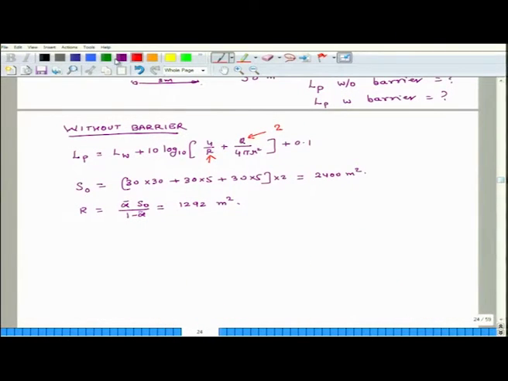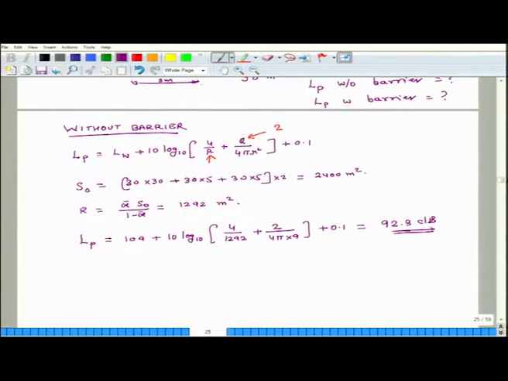So, LP, sound pressure level at the location of the listener, is LW, 109 decibels, plus 10 log of (4 by 1292 plus Q, 2 divided by 4 pi into 9), plus 0.1, and that is equal to 92.3 decibels.